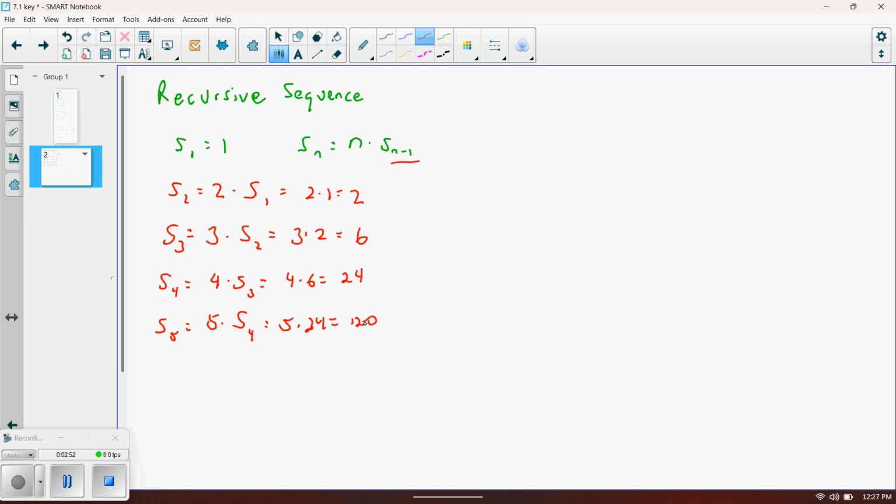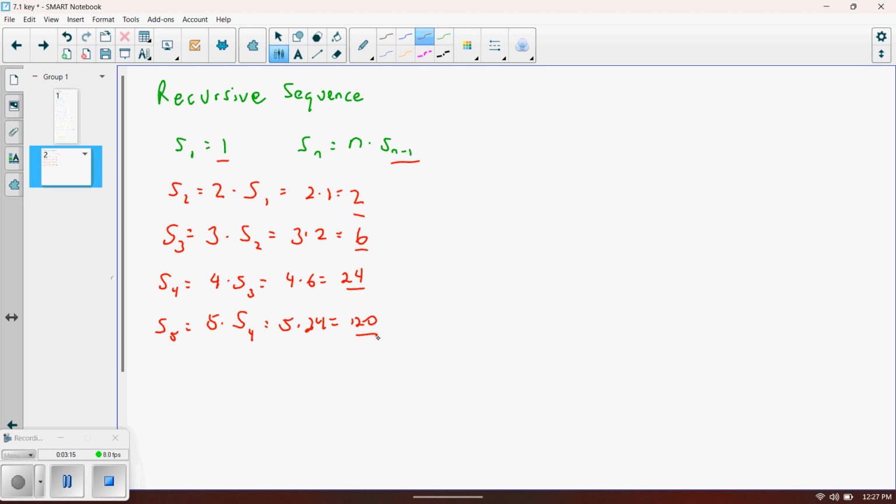And the important thing about this is to recognize that if you look at these numbers, 1, 2, 6, 24, 120, those are factorials. So this would literally be n factorial as the actual sequence of terms.